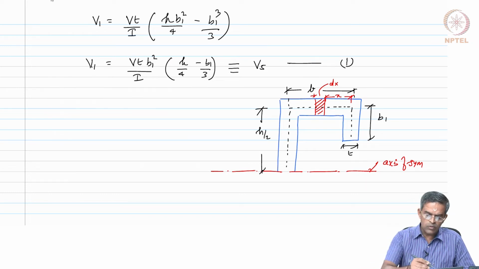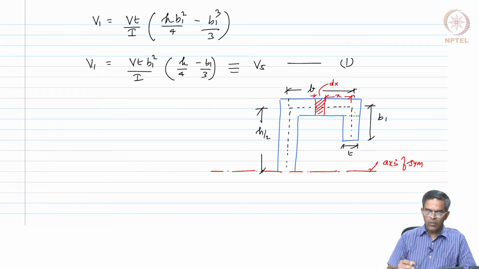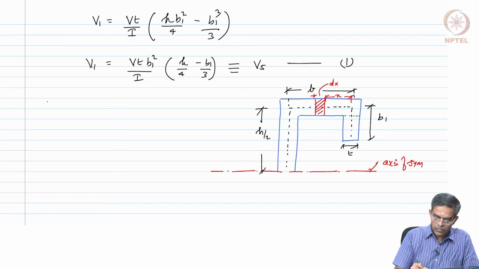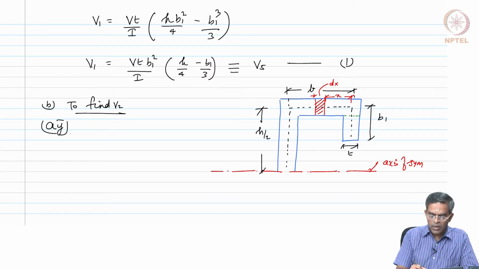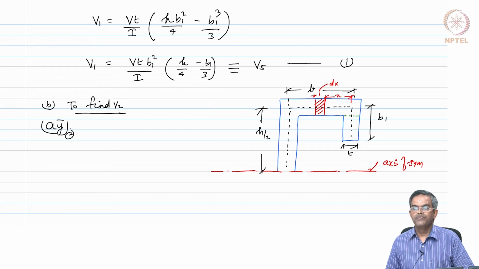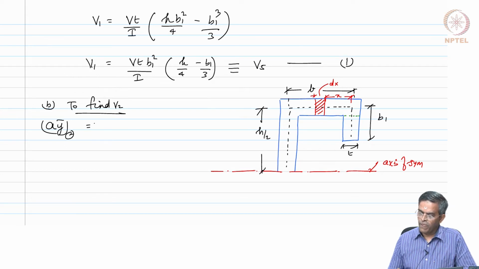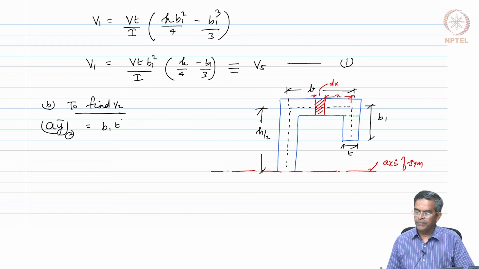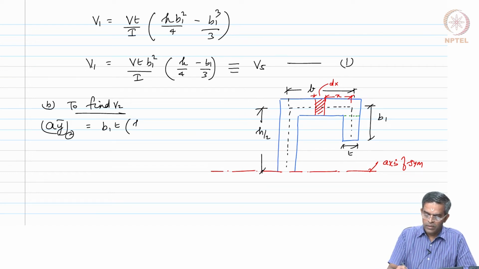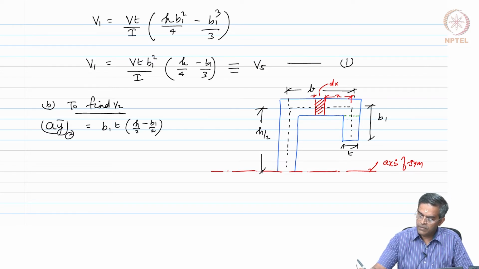We will also divide this into two parts. So now I want to find V2. Let us find what is A y bar of piece 2, which will be two parts. B1 into T of h by 2 minus B1 by 2, that is this part.